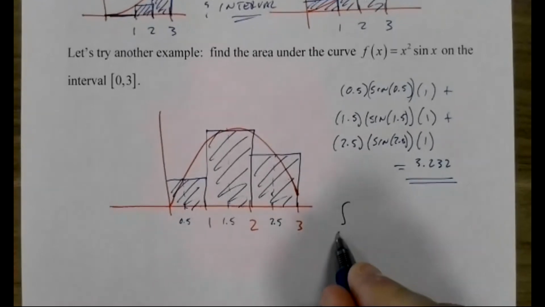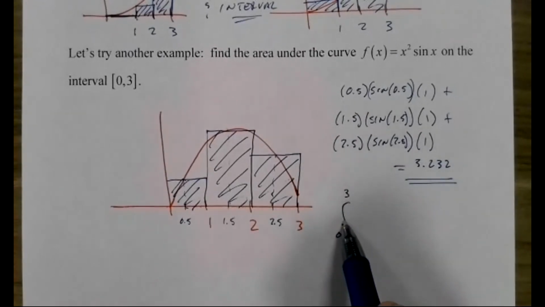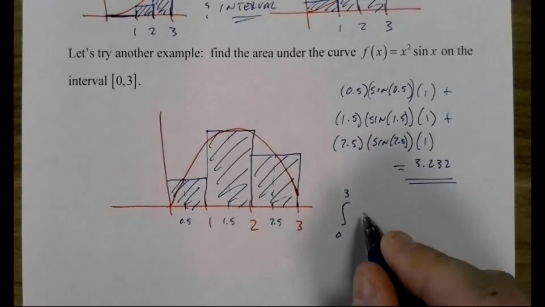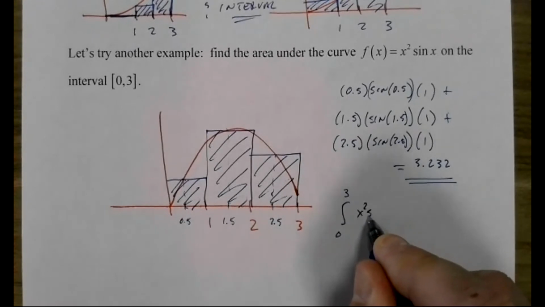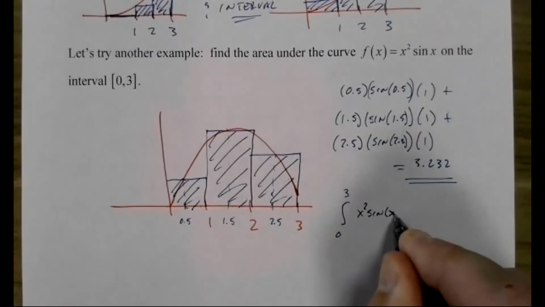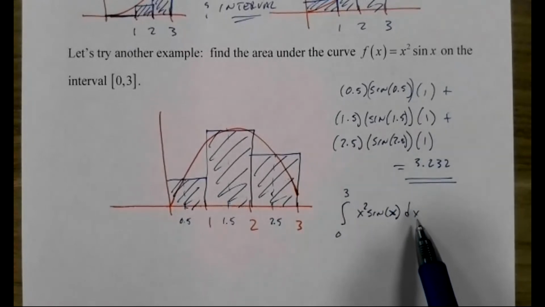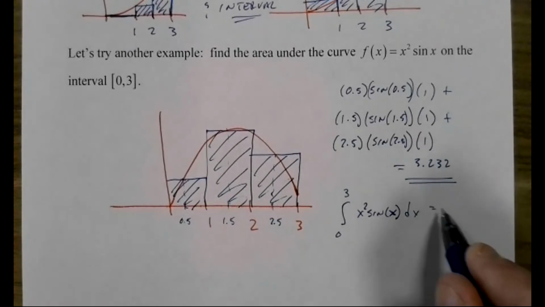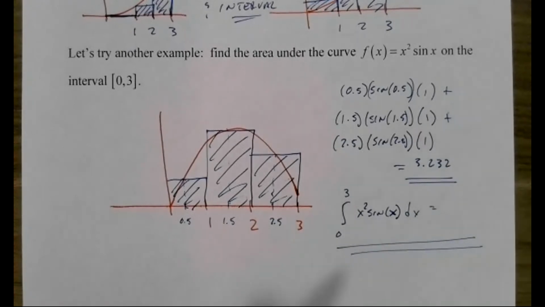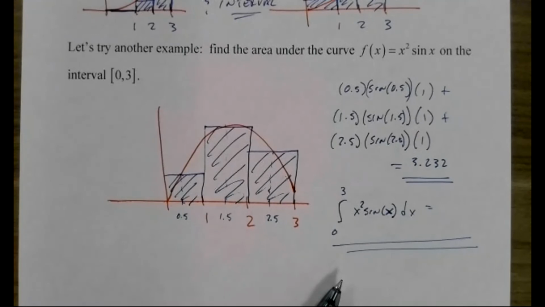Now, here's how we draw it. The integral from 0 to 3, this just means find the area under the curve of x squared sine of x. And just like with derivatives, we have to say with respect to x, equals. Now you can do this on your calculator, which is the main reason you won't be allowed to use it at the end of the unit when we take the test.